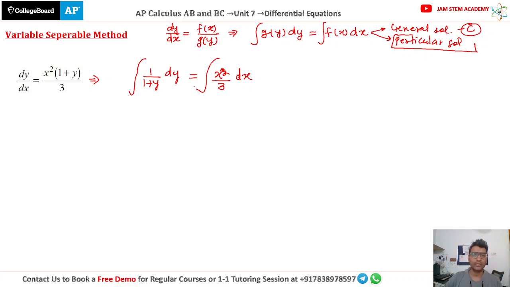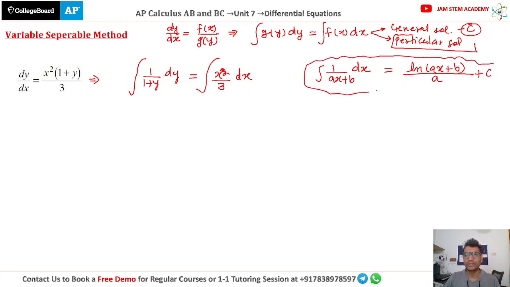So, now the integration part. The integral of 1 over (1 plus y) with respect to y. What is the integral of this? You can either use u substitution here, or simply you can use the linear formula, right? Because there is a linear expression in the denominator, I'll write here the integral of 1 over (ax plus b) dx is simply natural log of (ax plus b) divided by a, the coefficient of x in this case, plus c, where c is the constant of integration.